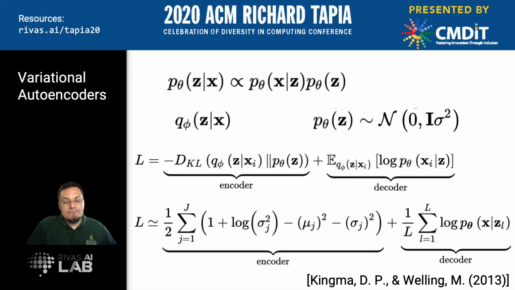Because there's not a closed form for these equations, there are ways to approximate the loss. By using the reparameterization trick, we can arrive at these nice and easy losses, which are an approximation, of course, to the actual loss.